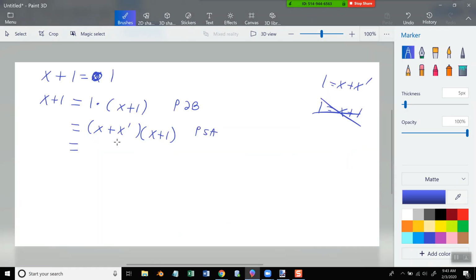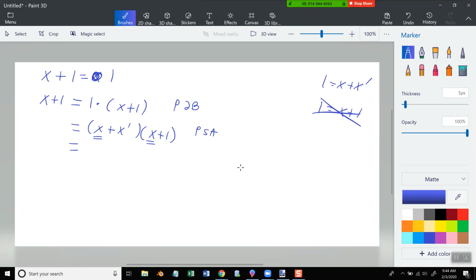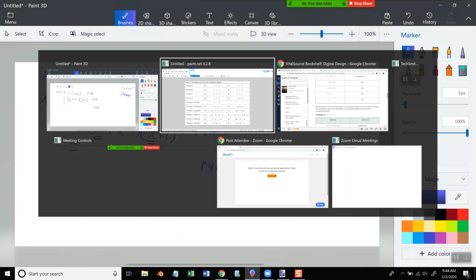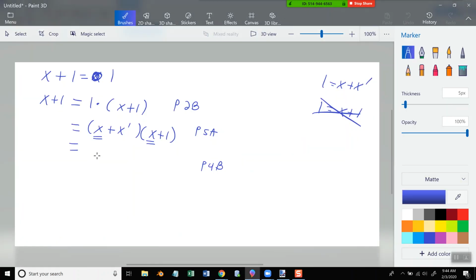Now we're looking for two parentheses next to each other where they have the same first item. Postulate 4b looks like it. I don't see anything else that would even come close. Postulate 4b says that they both start with x, so x comes here.